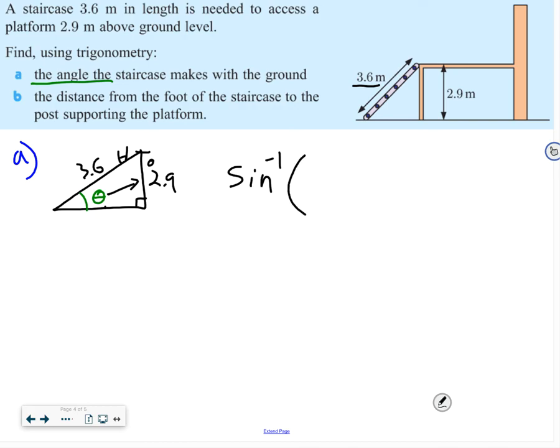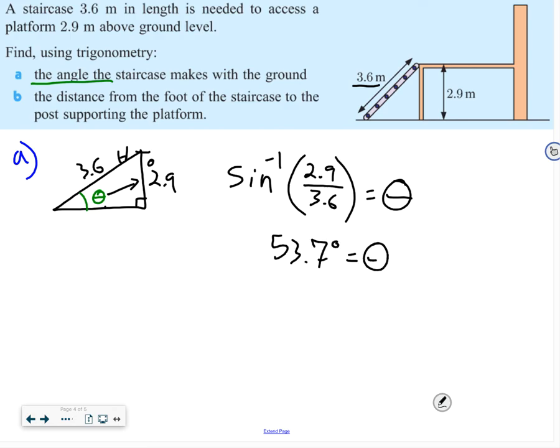So the inverse sine of the ratio 2.9 over 3.6 is equal to theta. Using my calculator, I hit second sine, enter 2.9 divided by 3.6, and I get 53.7 degrees as the angle it makes with the ground.